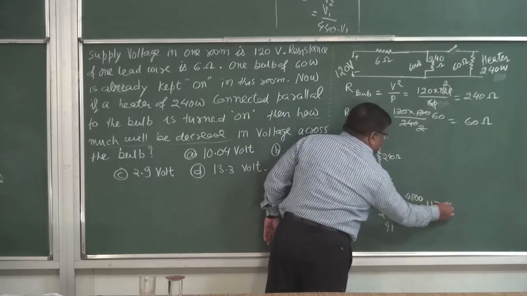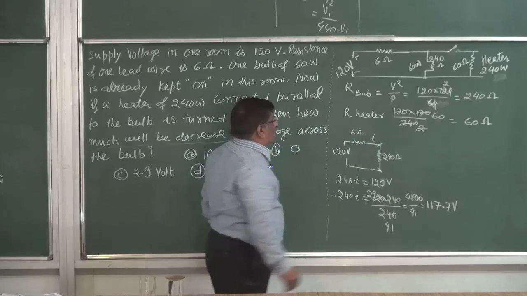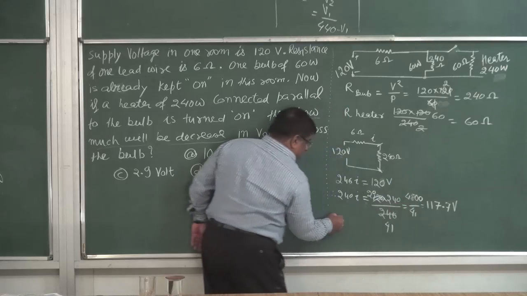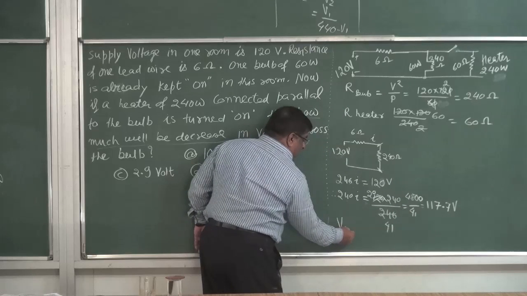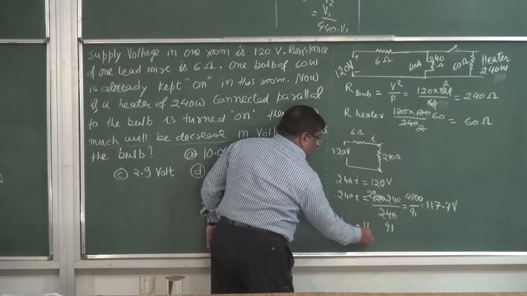Solve it, 117.7 volt. Okay, so the voltage across bulb in case 1 is equal to 117.7.